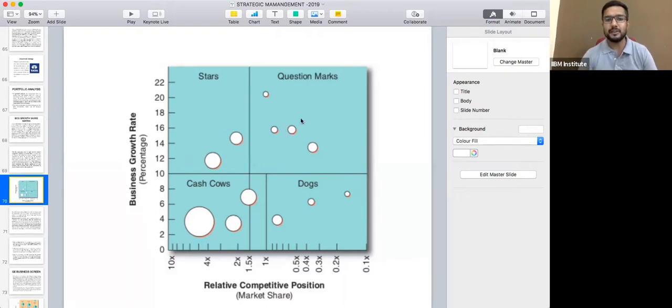This is one of the stages where the star was. But not only HP, any company, if their product reaches the peak, the highest level of demand in the market, that particular stage of the product life cycle is called the star stage.